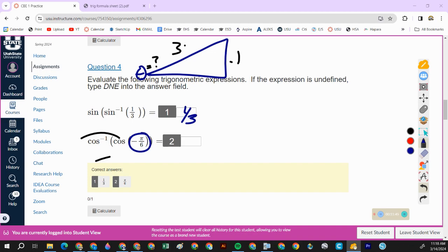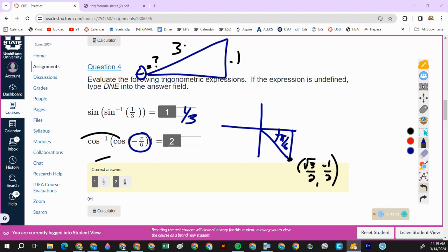It's in quadrant 4. If I draw a rotation of negative pi over 6, I land in quadrant 4. Okay. So what is the cosine of negative pi over 6? Well, my x value is root 3 over 2, and my y value is negative 1/2.